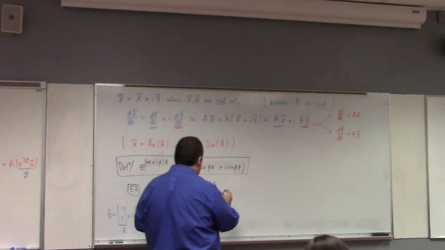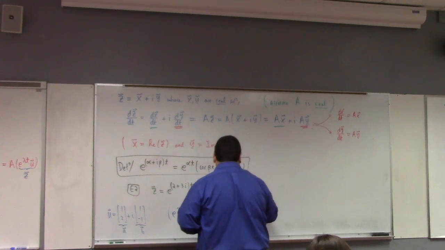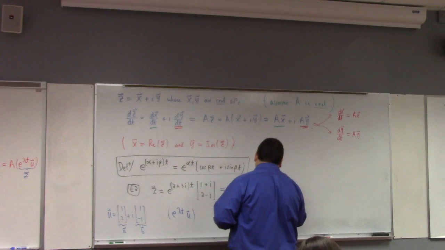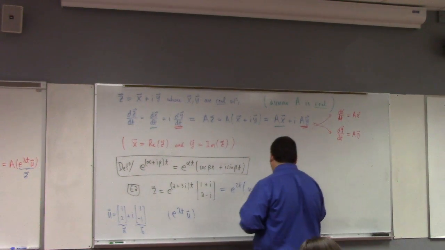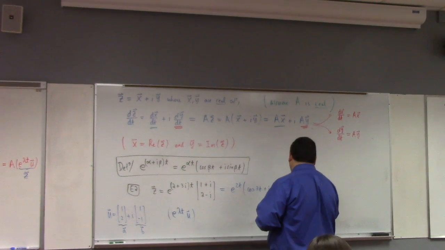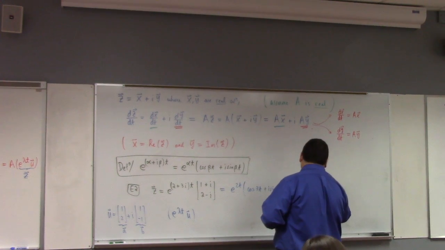Then this is e to the 2t times cosine 3t plus i times the sine of 3t, and then I've got 1, 2 plus i times 1, minus 1.